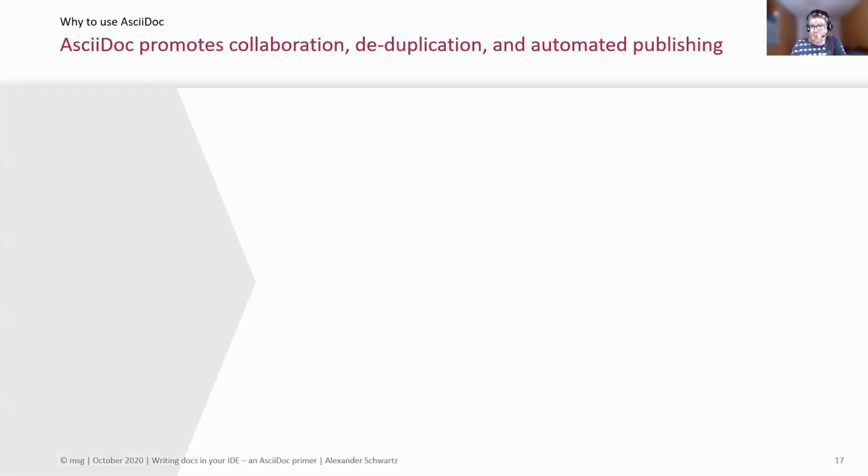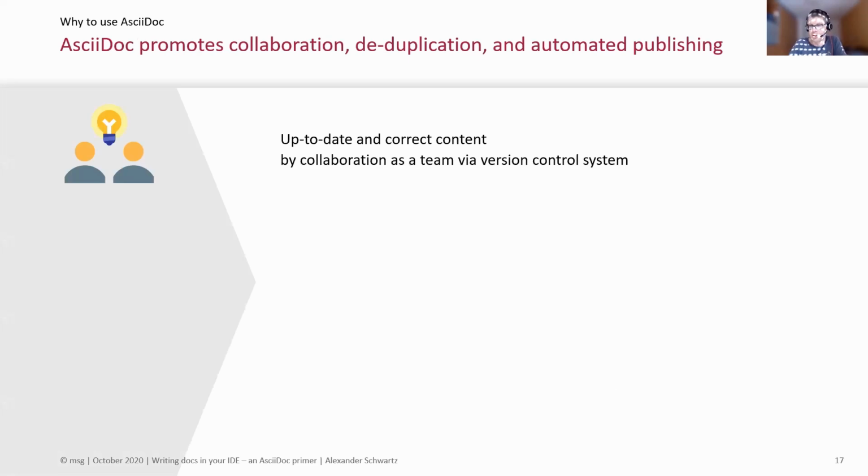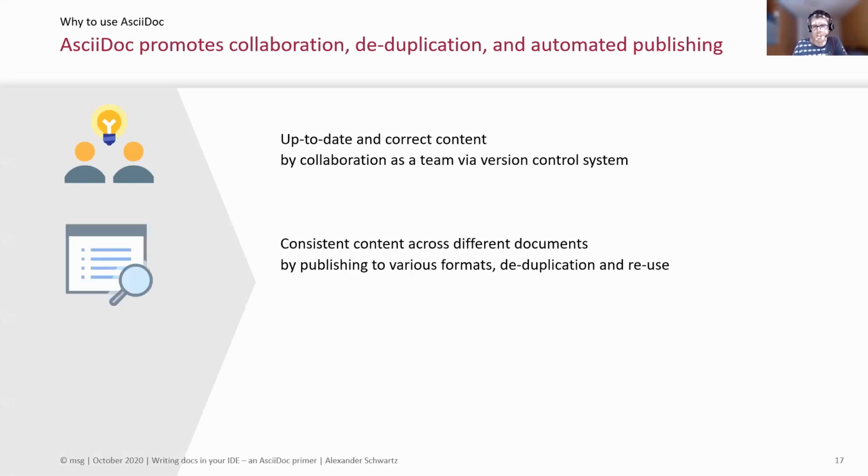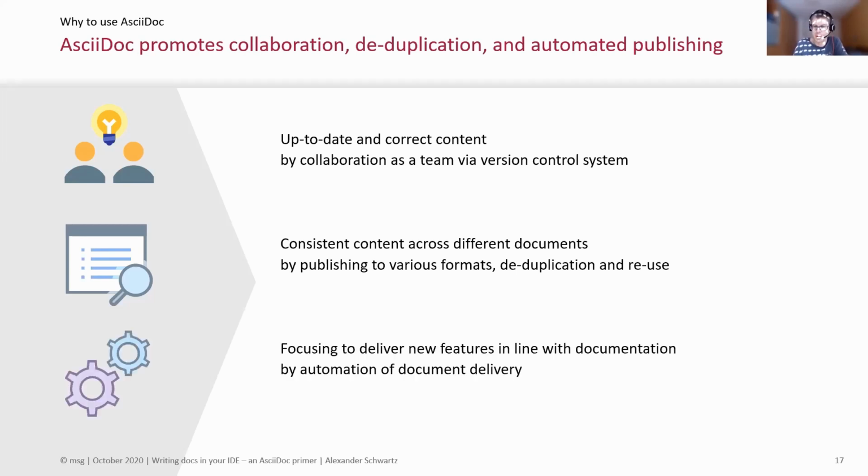So as I said, AsciiDoc promotes collaboration, deduplication, and automated publishing. You will have a better chance of up-to-date and correct content as you collaborate as a team and via version control. You have consistent content across different documents. You can use includes there. You can publish both to HTML and PDF, and also to a documentation site, as we've seen with EclipseCon.